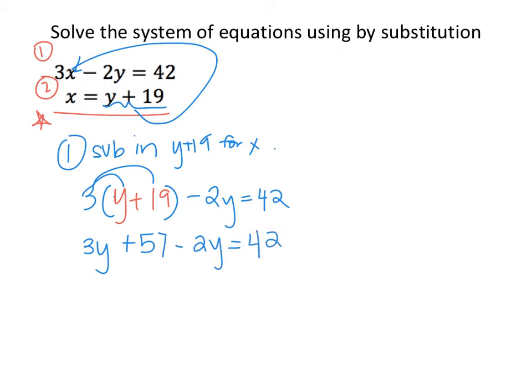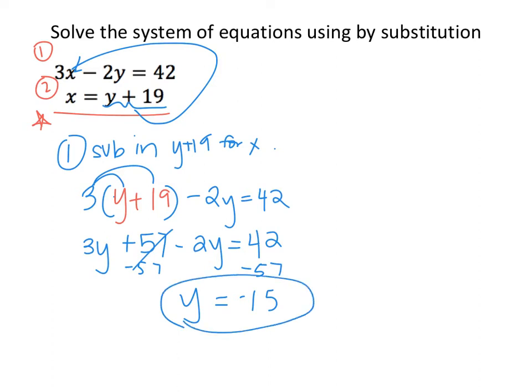From here, I'm going to subtract 57 from both sides. 42 minus 57 is going to give me negative 15. 3y plus negative 2y is just y. So we have y is equal to negative 15.